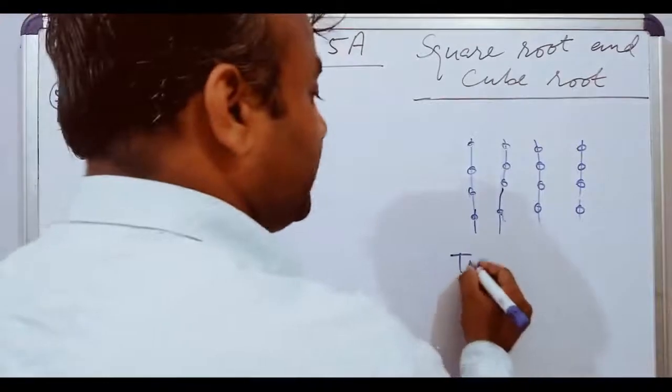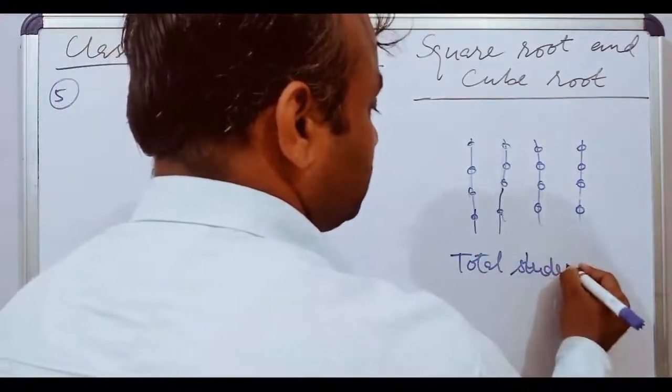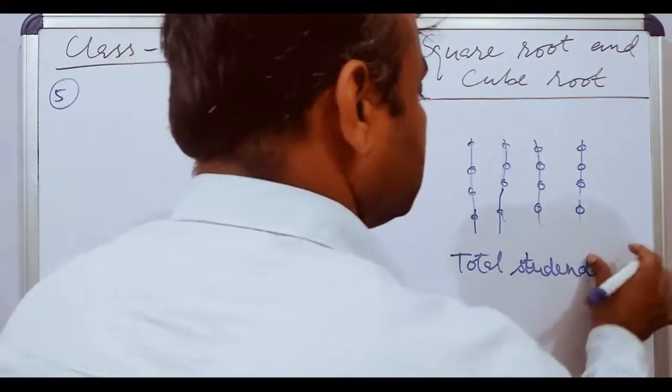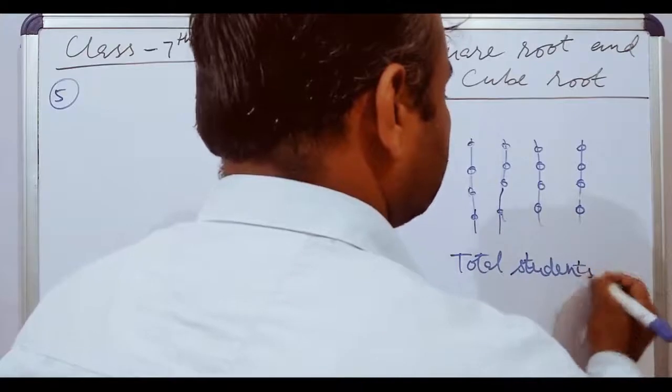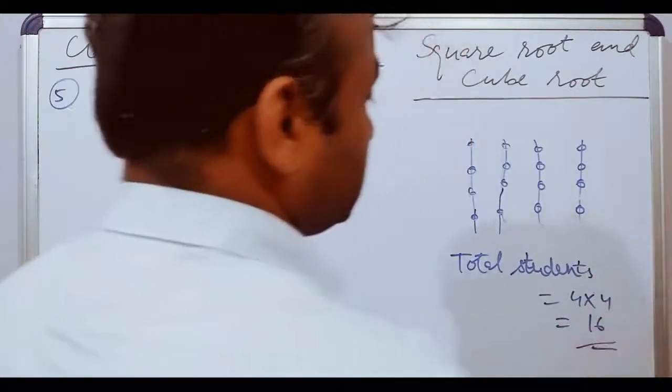So total students are 4 into 4 equal to 16.